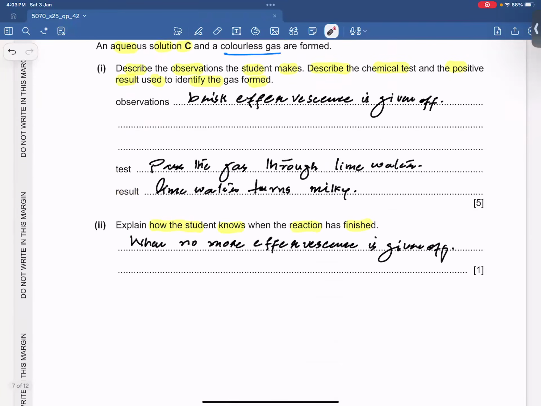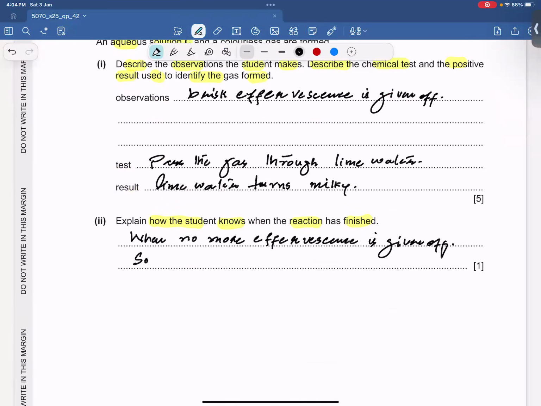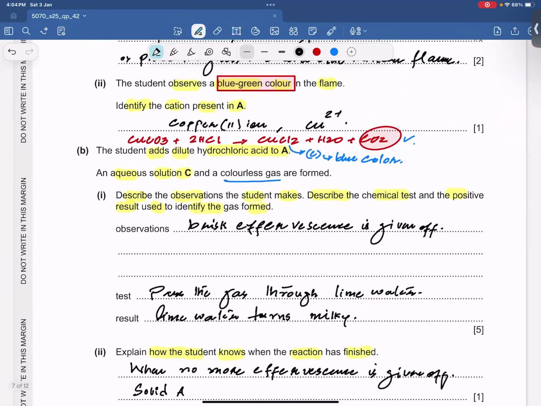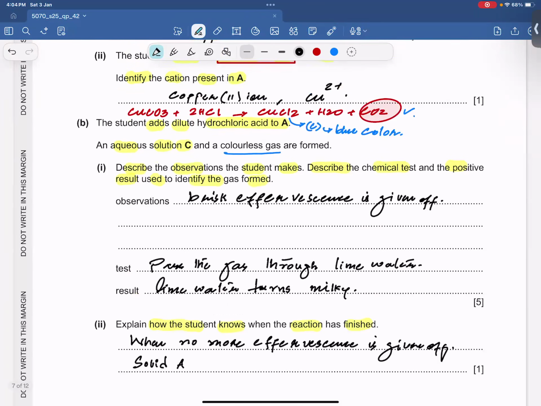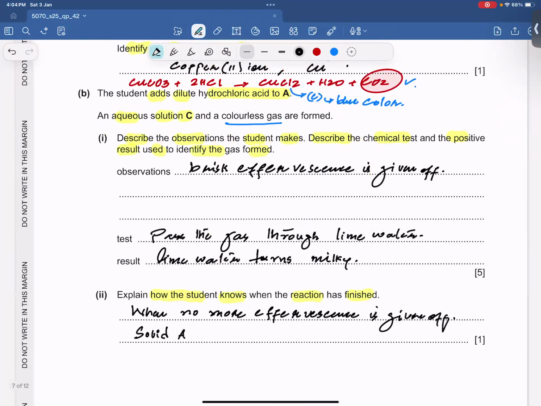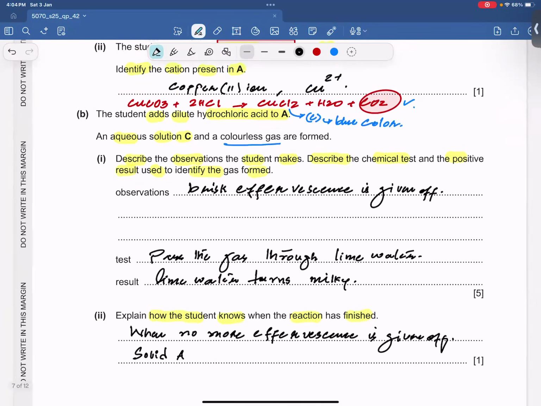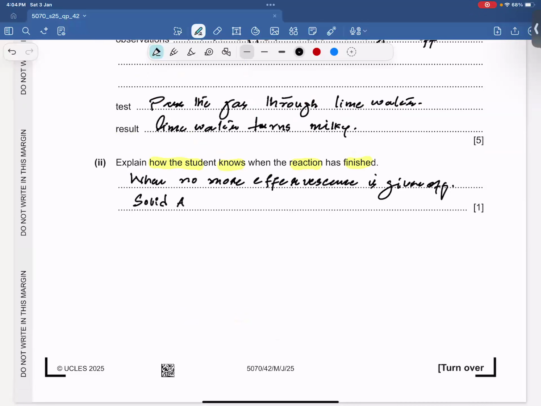So we can write another observation: solid A dissolves fully. Okay.